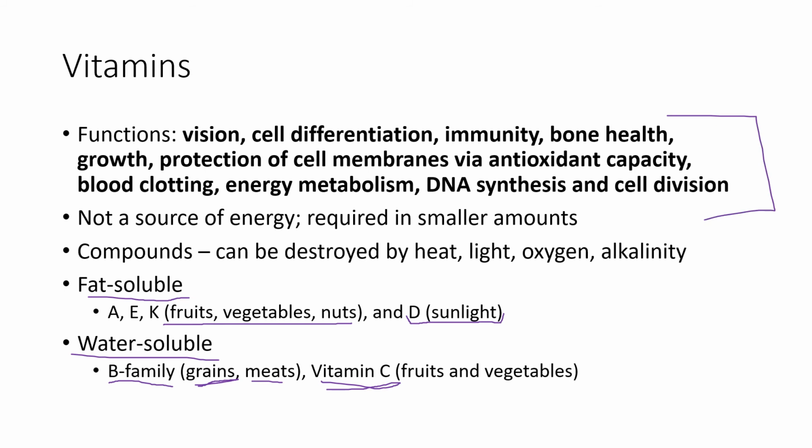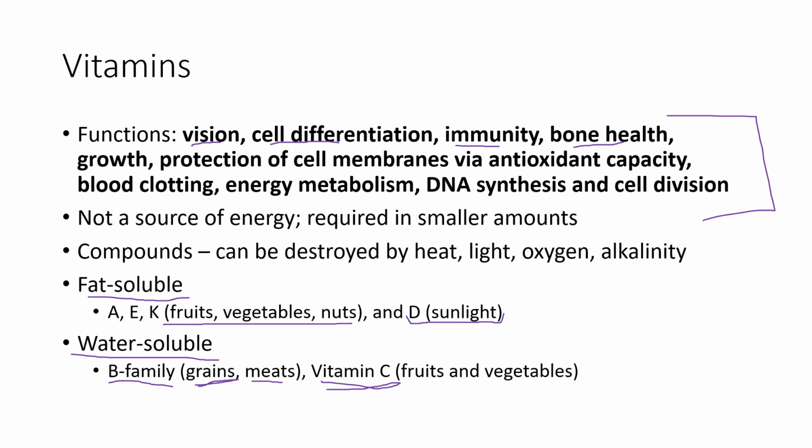So really myriad functions that these different vitamins play in the body: how our eyes work, cell differentiation, which is also growth, our immune system, our bone health, bone density, bone turnover, protection of cell membranes from oxidative destruction, so functioning as antioxidants, clotting blood, energy metabolism, like deriving energy from our macronutrients, DNA synthesis and cell division, so again, more growth and repair. Vitamins and minerals are not an energy source to the body, really worth remembering that.